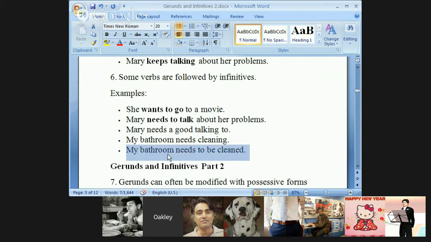The passive nature of this last little sentence is easy to figure out. Obviously, the action's happening to the bathroom. Hey, guess what? The action's also happening to Mary here. The action's actually happening to the bathroom. It needs cleaning.